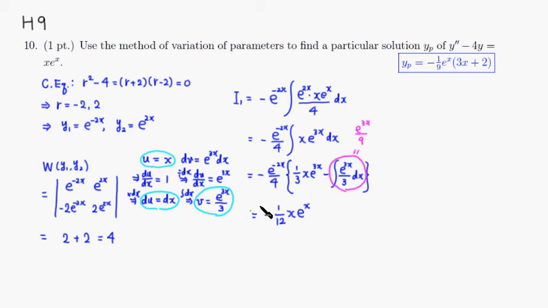And here, negative, negative, so it's going to be positive. 4 times 9 is 36. And 1. And e to the negative 2x times e to 3x is again e to the x.